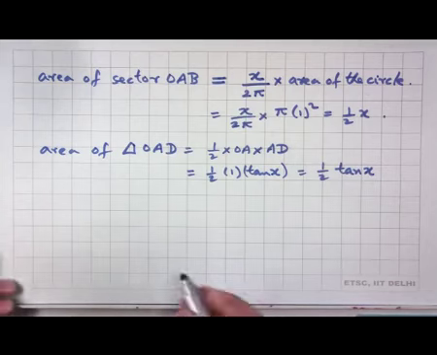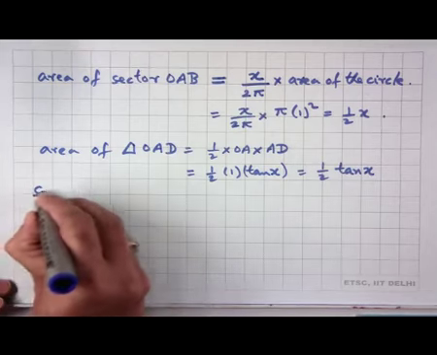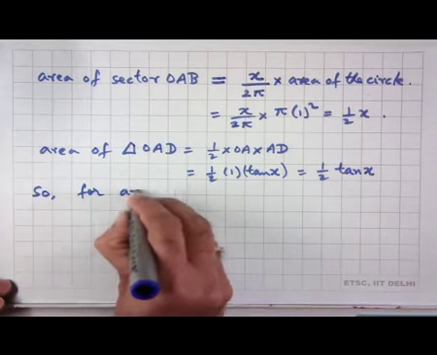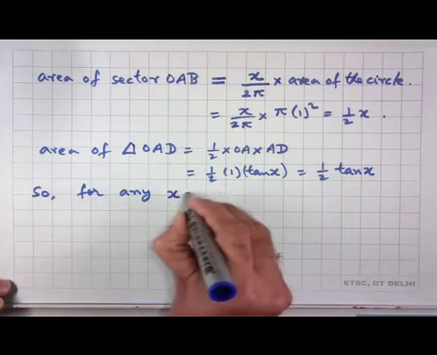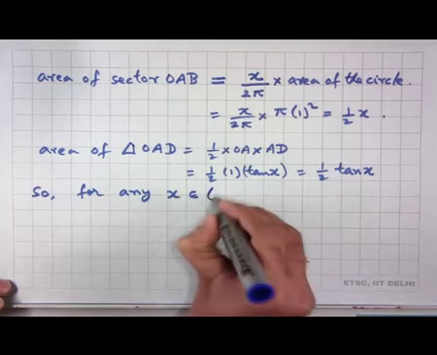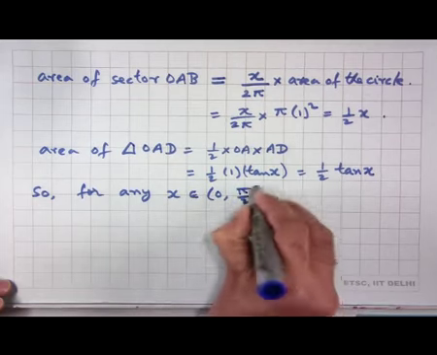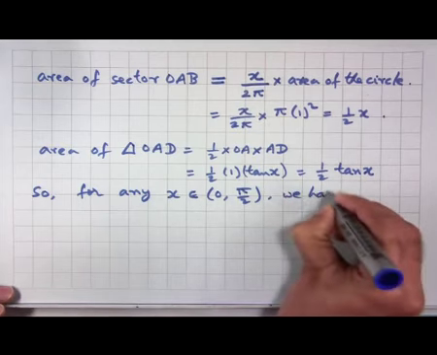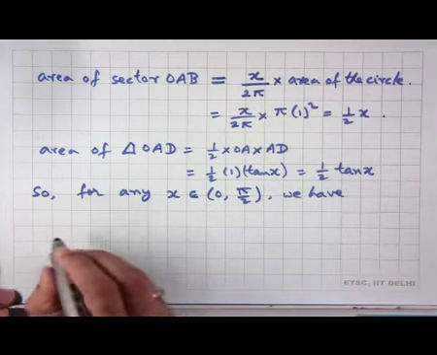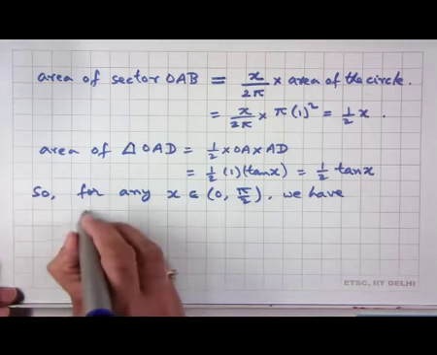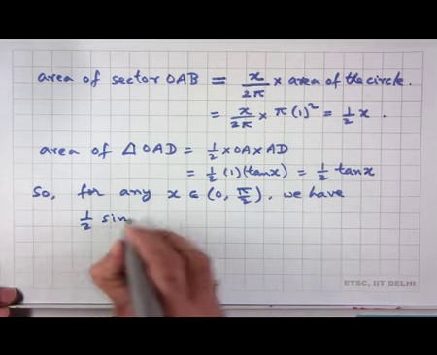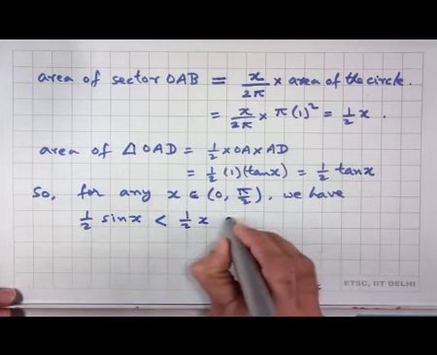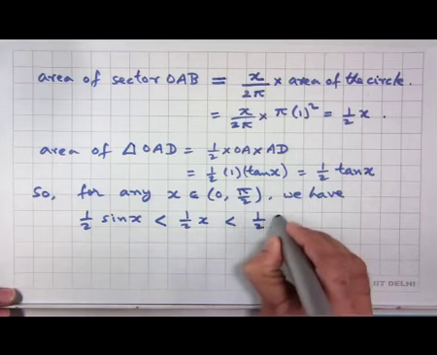So, what we get is that for any x between 0 to pi by 2, we have that the area of triangle OAB, half sin x, is less than the area of the sector, which is half x, which is less than half times tan x.